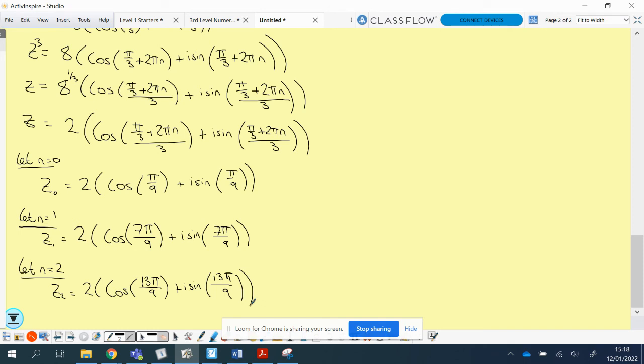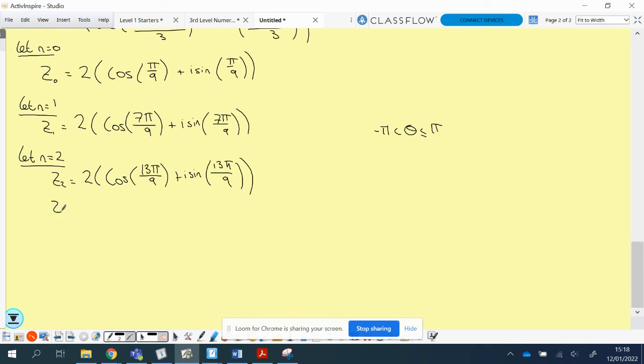We went over the 180 degrees, so we want to try and work this out maybe easier going the other way. Because we want theta between negative pi and pi always. So if you do 2 pi, so 18 pi over 9, take away 13 pi over 9, you're left with 5 pi over 9.